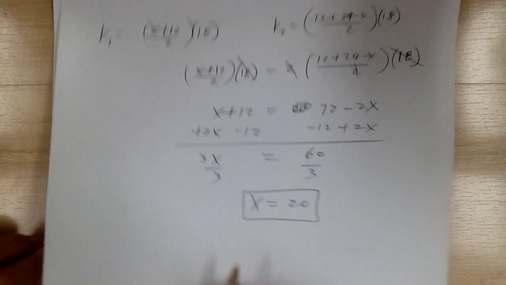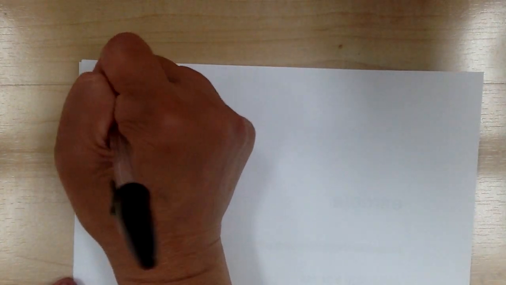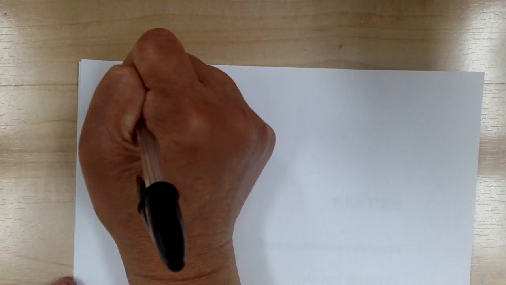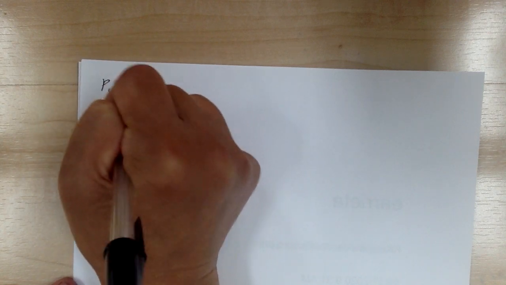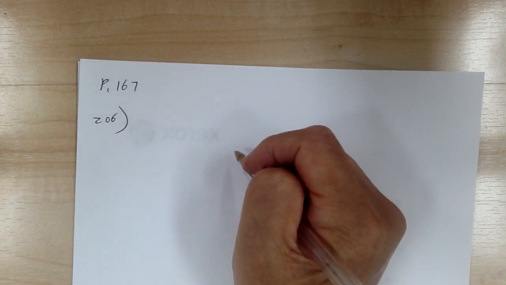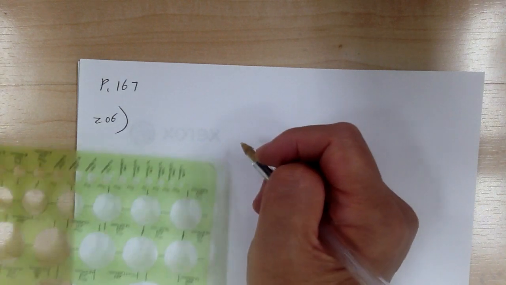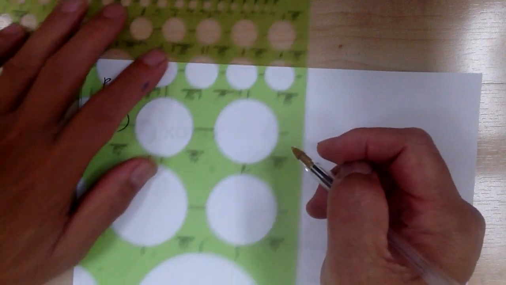Okay, let's go to 206. You have two circles and a common tangent.